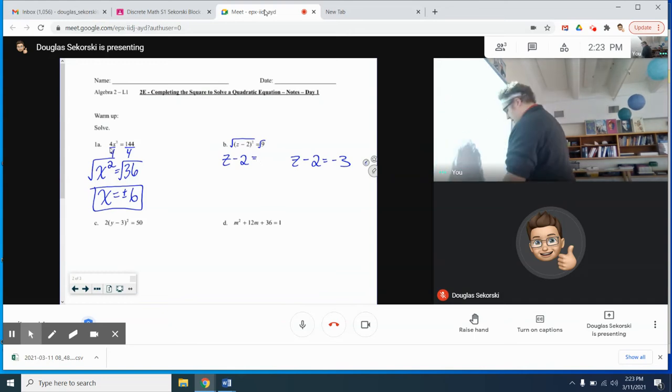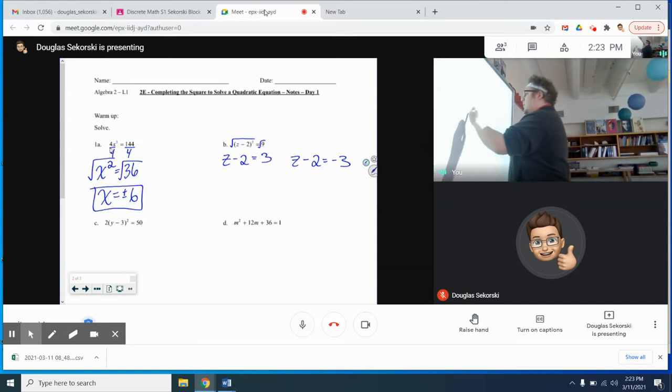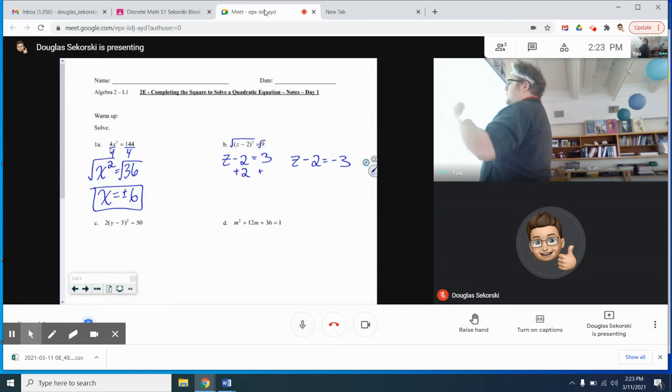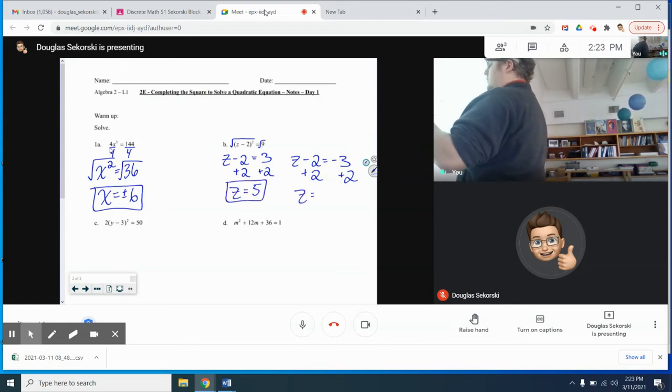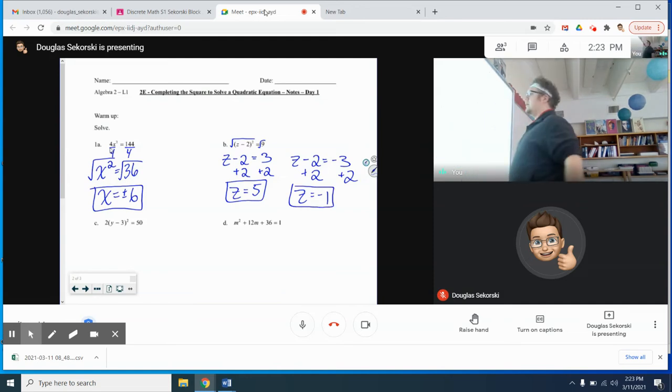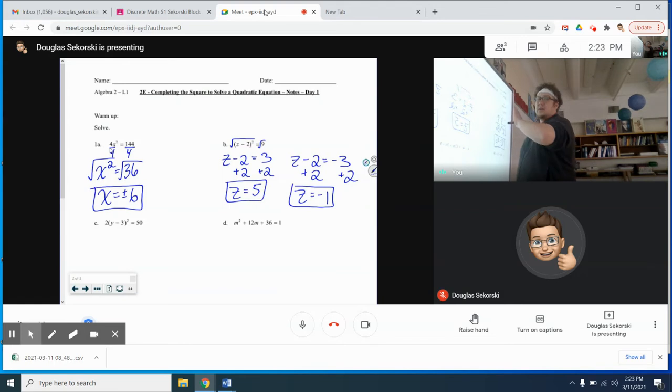And we're just going to have a positive 3 over here. Okay. And now we can add 2. I didn't have to do the plus or minus 3 part until the very end if I wanted to, I guess. But anywho, we have z equals 5, and we have z equals negative 1. So those would be your two solutions. And this one was easy because the binomial was already squared and alone. So we were able to just take a square root.